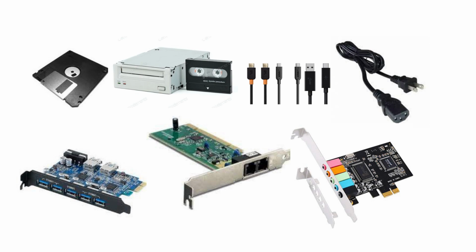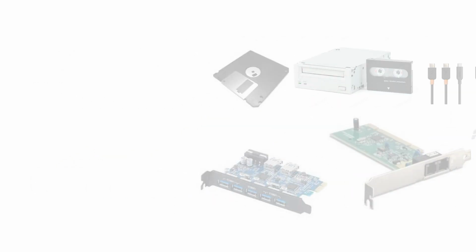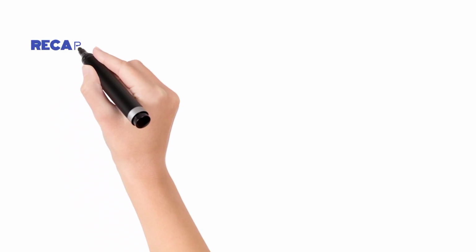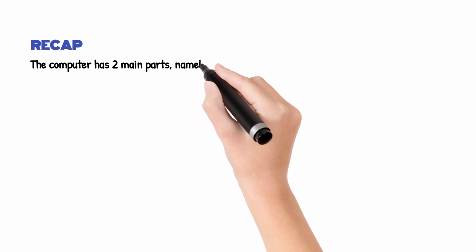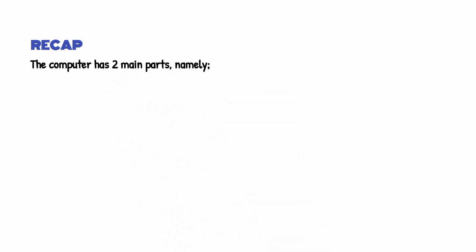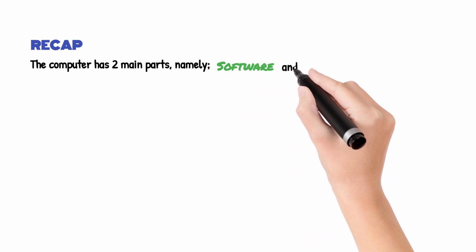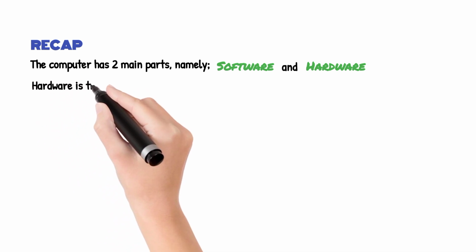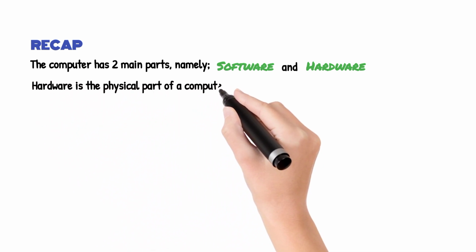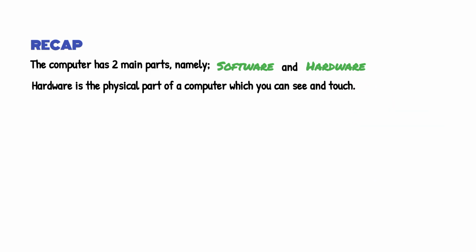So there we have it. That's it about hardware. Just a recap, you have to remember that a computer has two main parts, namely the computer software and the computer hardware. Talking about the computer hardware, this is the physical part of a computer which you can see, which you can also touch.